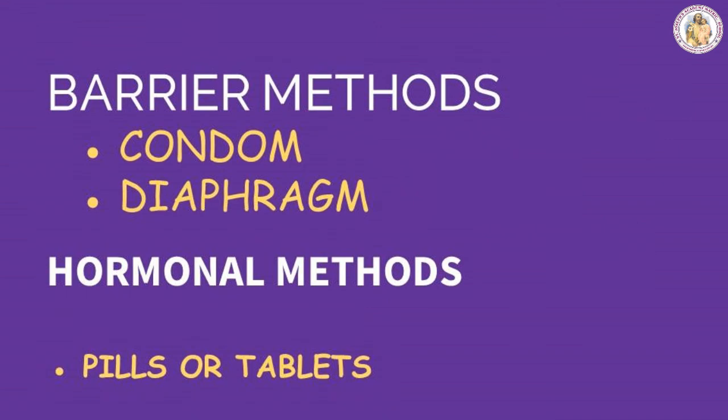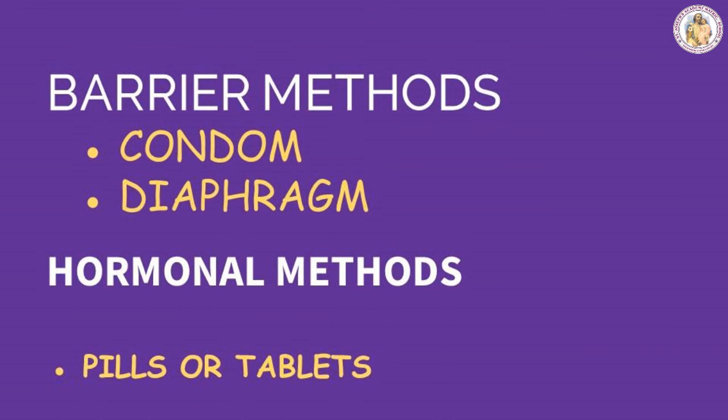In the barrier method, there are two preventive measures. One is the condom, another one is the diaphragm. Barrier methods prevent the sperm from meeting the ovum, blocked by a barrier in the female reproductive tract. First, the condom prevents the deposition of sperms in the vagina.